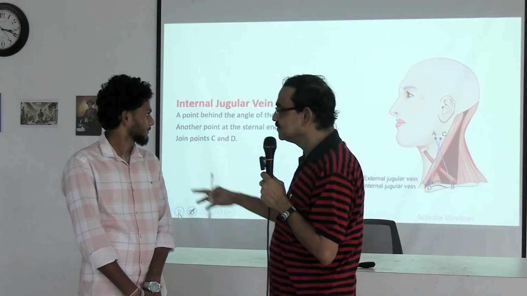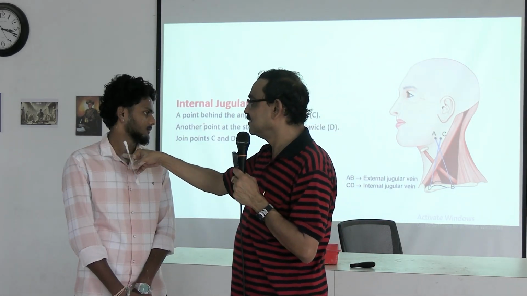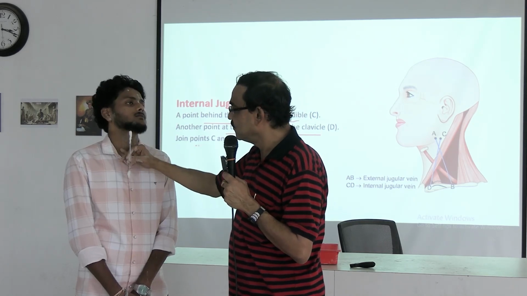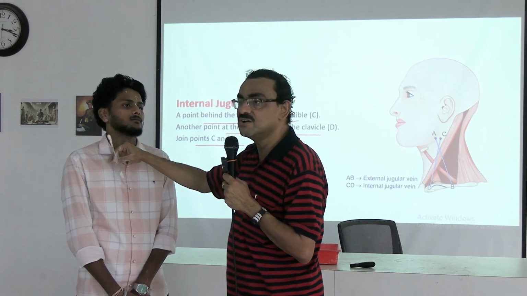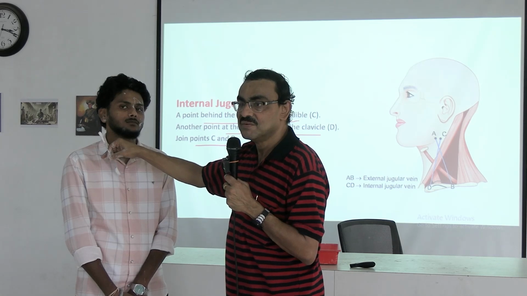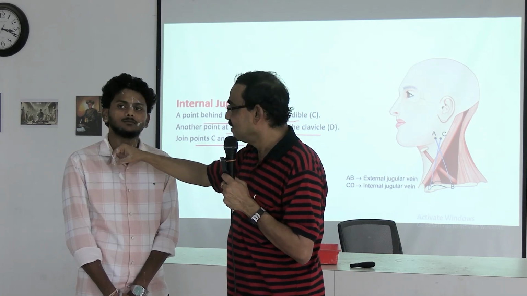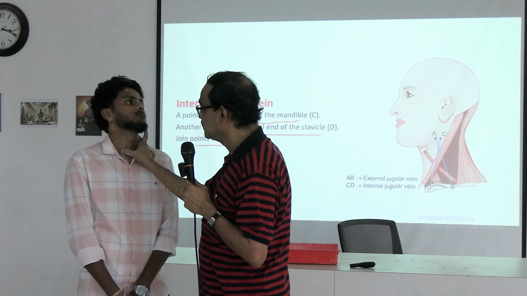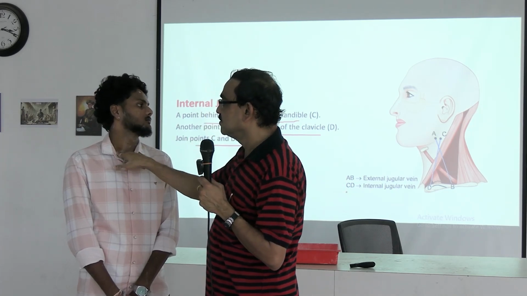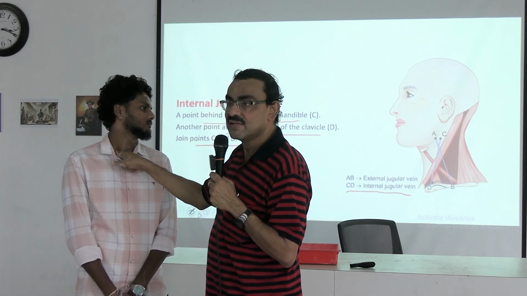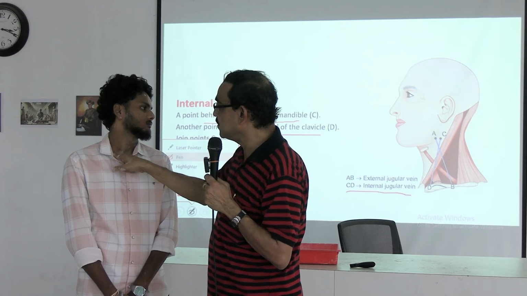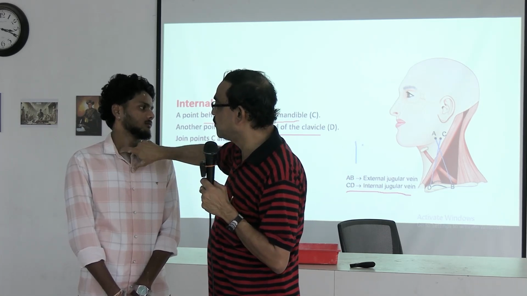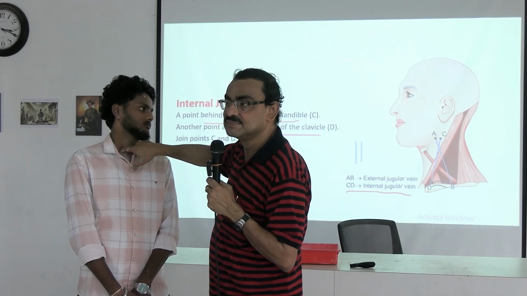Another point at the sternocleidomastoid, we know the 2 heads of the sternocleidomastoid muscle. This is the clavicular head, the sternal head, and in between we can put another point.